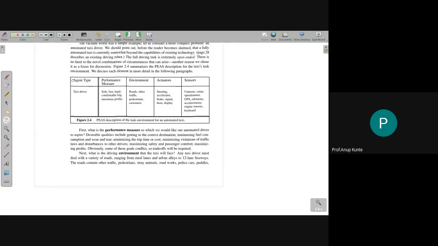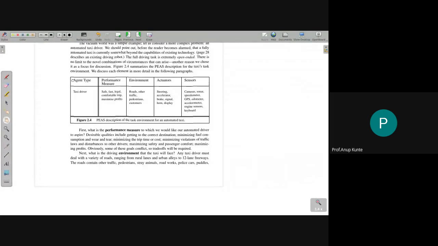Okay, the performance measure could be a combination of multiple things taken together, which can actually counteract each other. So I may have one performance measure which accounts for the safety of the passenger. The other would be maybe reaching the destination in a given stipulated time, fast enough so that the time is saved for the passenger.